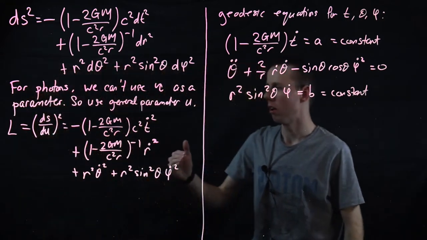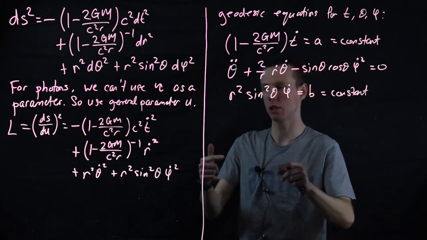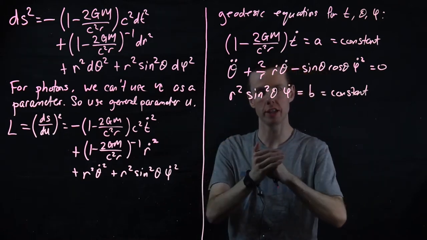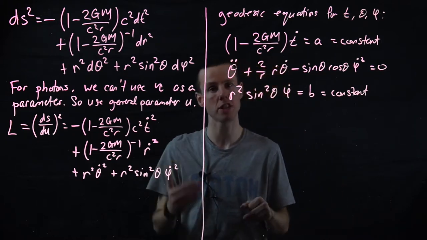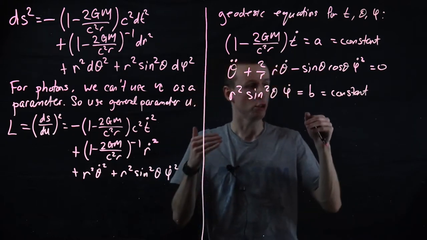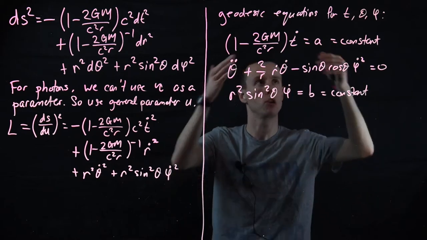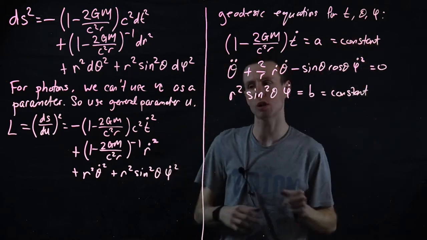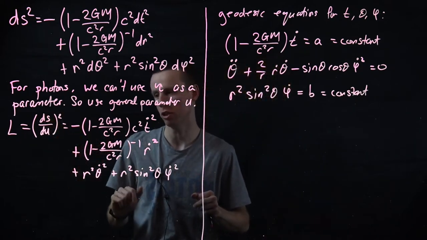But then the difference comes in when we go to get the geodesic equation for r. Remember, we do the same trick as we did for the massive particle, where rather than getting the geodesic equation explicitly from the Euler-Lagrange equation for the r coordinate, you just use something about the Lagrangian.